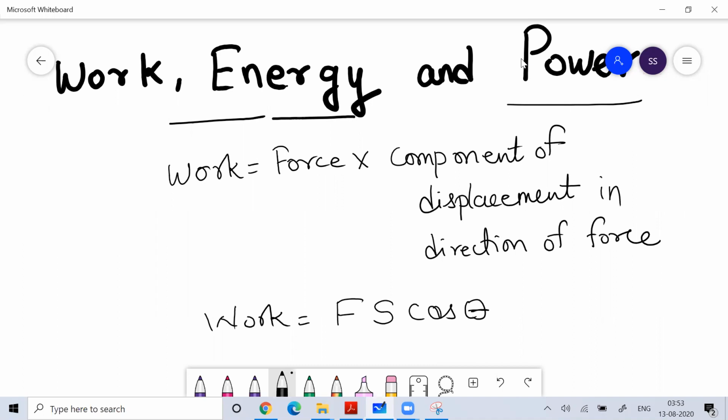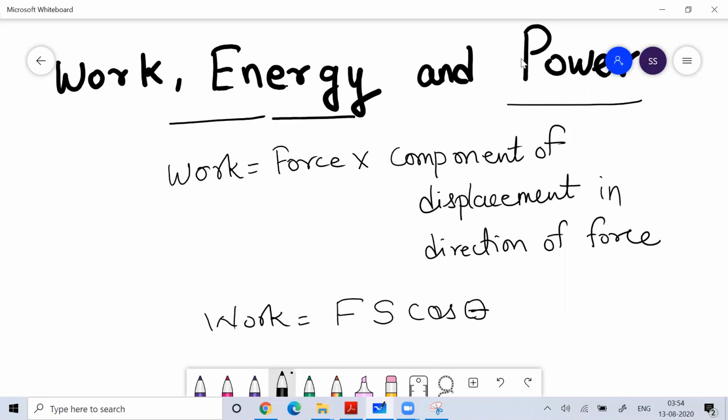Work is said to be done whenever you apply a force on the body and the body moves. If the body moves perpendicular to the direction in which the force is applied, then theta would be 90 degrees, and mathematically the work is not done.